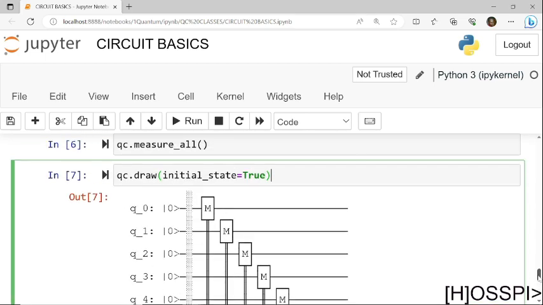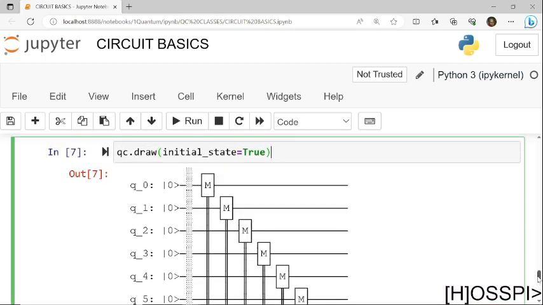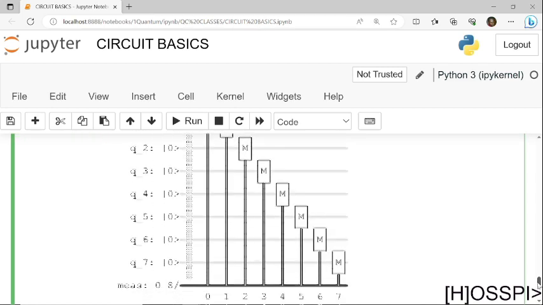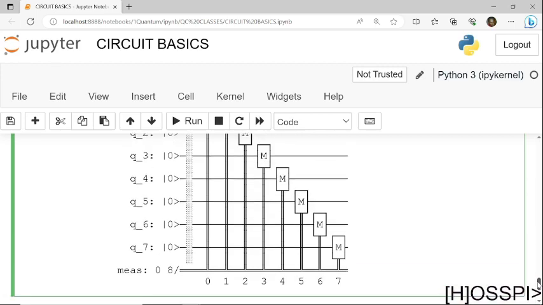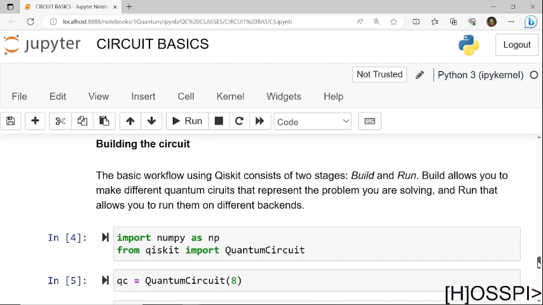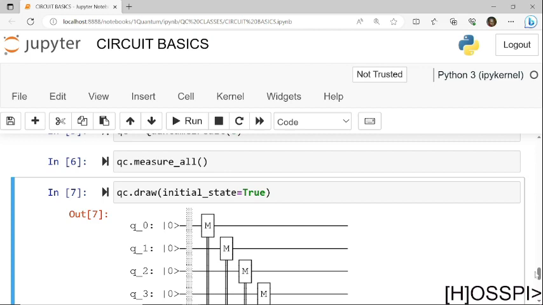So from there, make sure our qubits do not count from one. They are always counted from zero, which is q0, q1, q2, qubit 1, qubit 2, qubit 3, qubit 4. Sorry, I need to scroll down. Qubit 5, qubit 6, and qubit 7. So those are the measurements that it displayed to us.